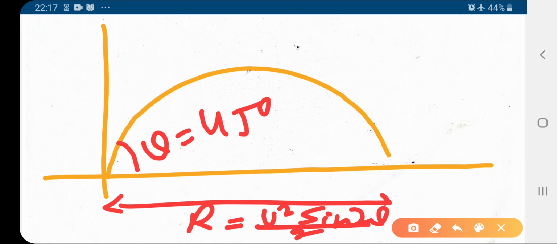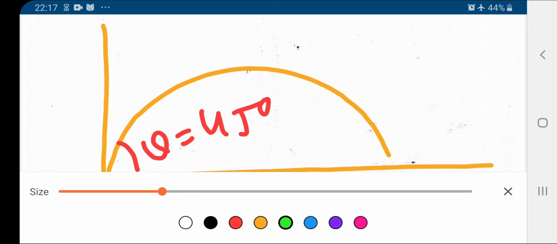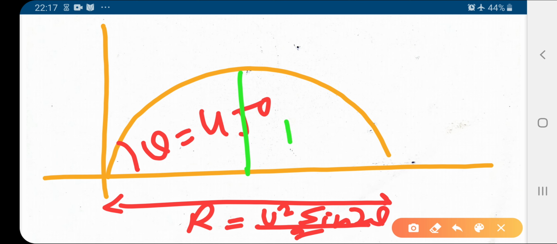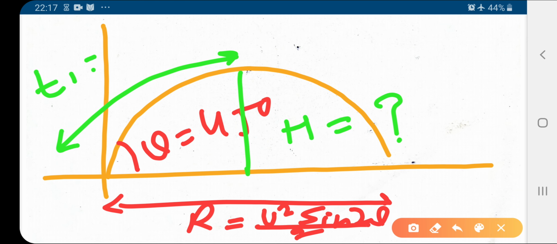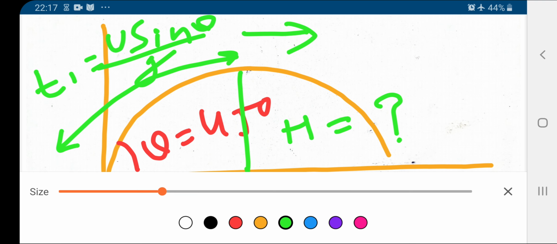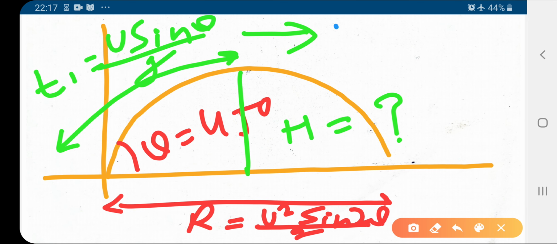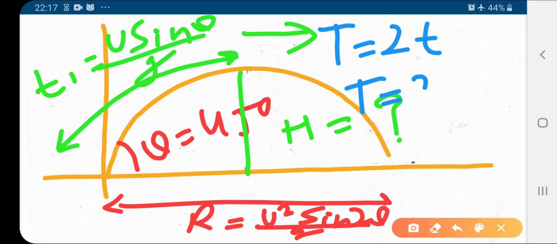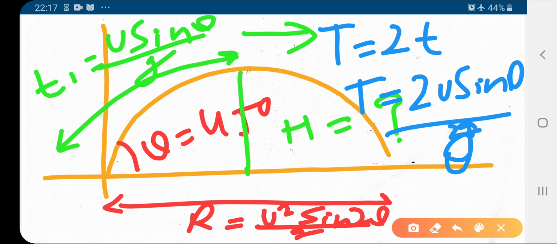And if we see the maximum height, the expression we have also done. And this is the time of ascent, which came out to be u sin theta over g. We also calculated the time of flight, because the time of flight is double of this. So the time of flight becomes 2u sin theta over g. So these are some basic, simple expressions for projectile.